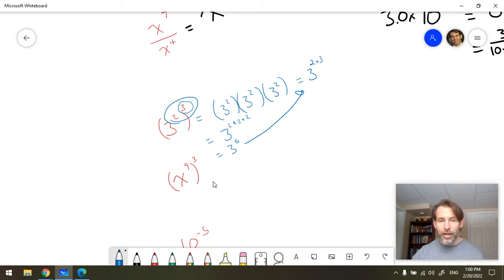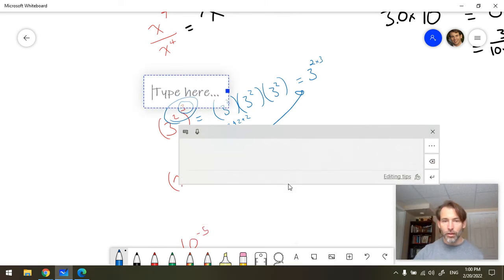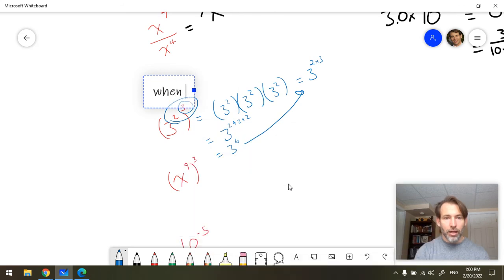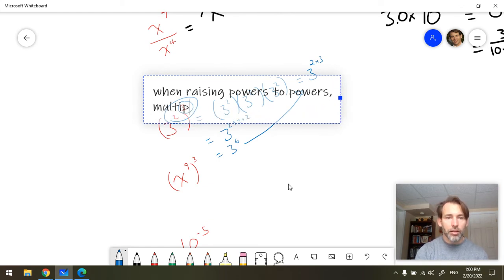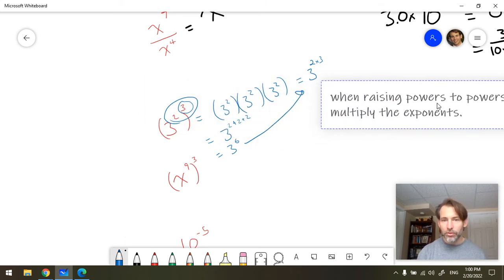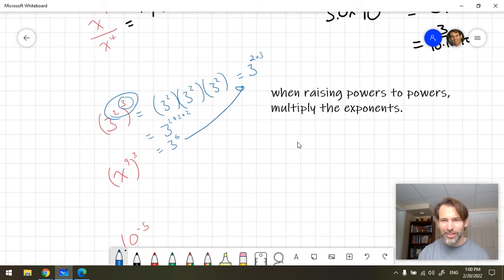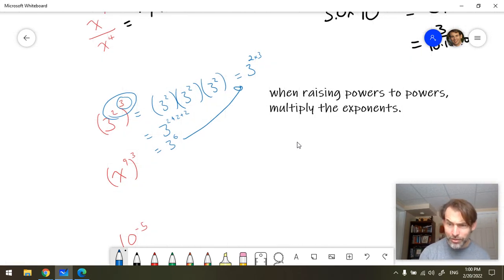Okay, so now let's write a rule. When raising powers to powers, multiply the exponents. Okay, my notes are not beautiful, but they get the point across, I hope.